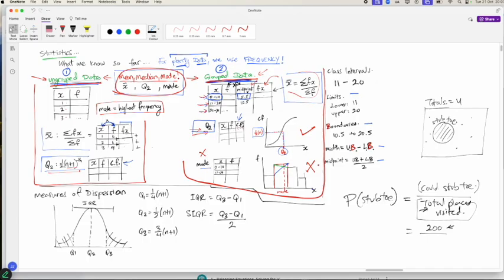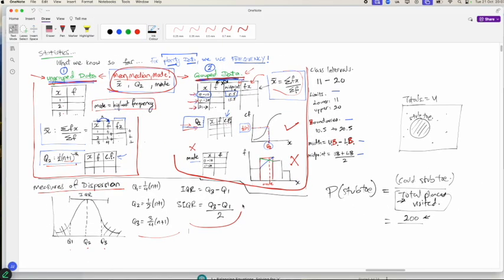Then we started to talk about measures of dispersion, and that had to do with your Q2 and your Q1 and your Q3, your interquartile and semi-interquartile range. And of course, at the end of the day, we talked about probability. We did not put all of the probability formulas in this cheat sheet. That is the one thing that's missing from here.